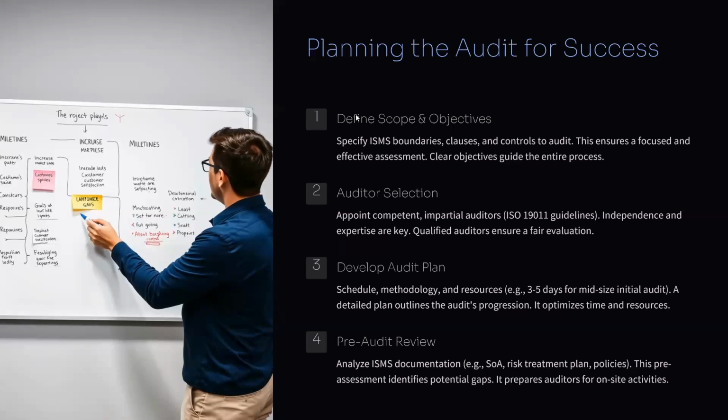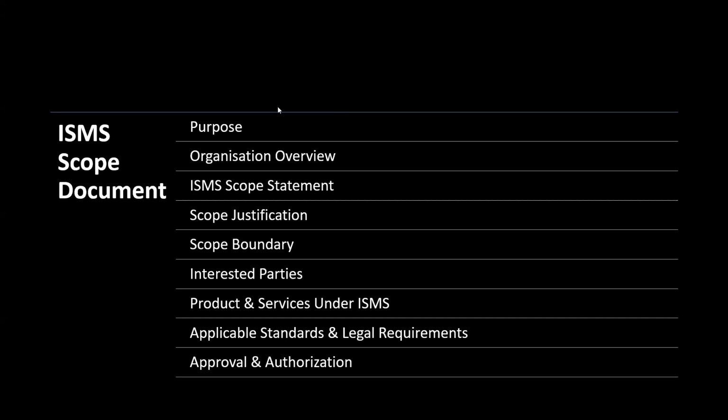Okay, so what is the first thing we are going to talk about? The scope. Let's define the scope. Now how is this scope document prepared? These are all the major areas which you are going to include in your scope document.